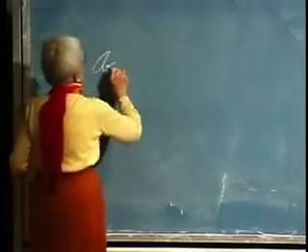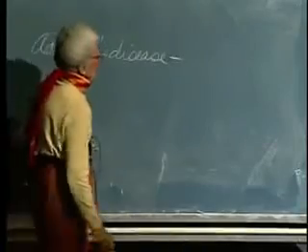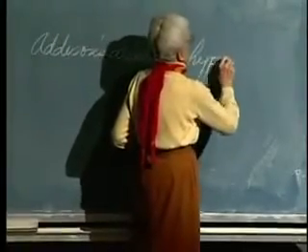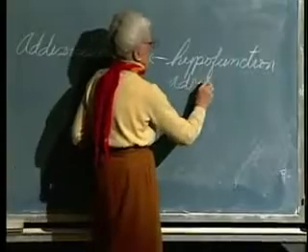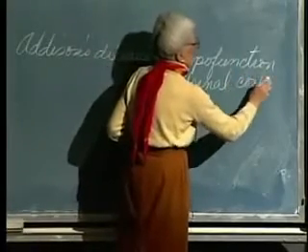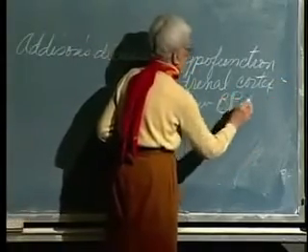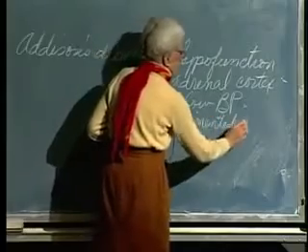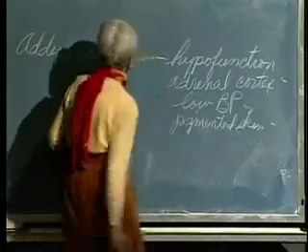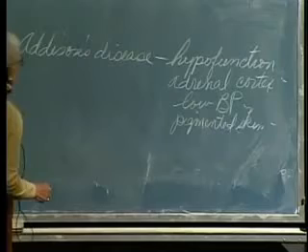Addison's disease, which will be hypofunction of adrenal cortex. Low blood pressure, frequently pigmented skin, and other symptoms. Just so you're familiar with the terms that they're related to abnormalities of the adrenal cortex.